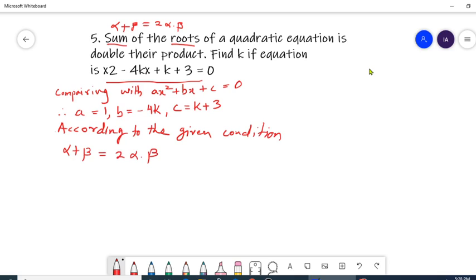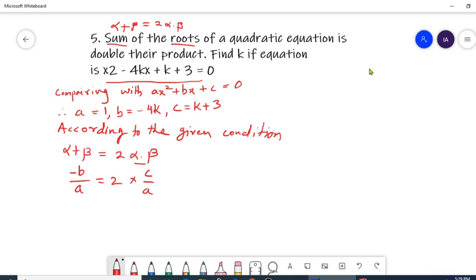We know alpha plus beta is minus b upon a, which is equal to 2 times alpha into beta. Alpha into beta is nothing but c upon a. What is the value of b? B is negative 4k.